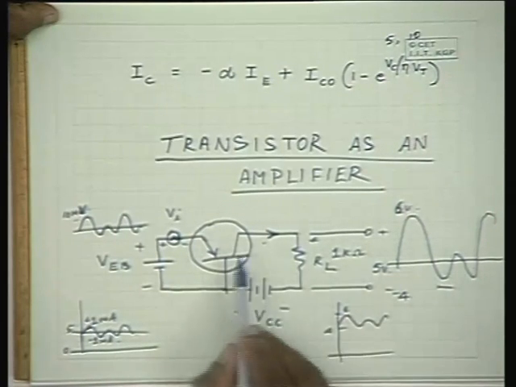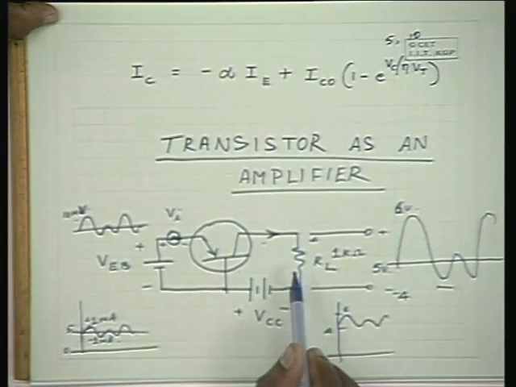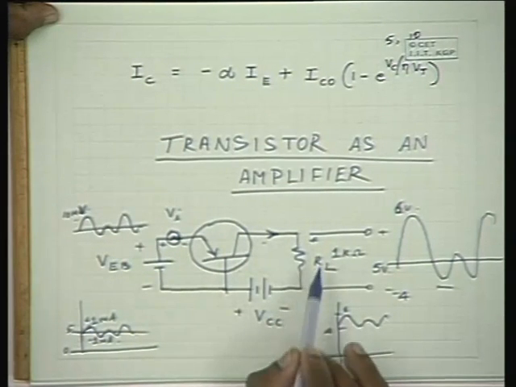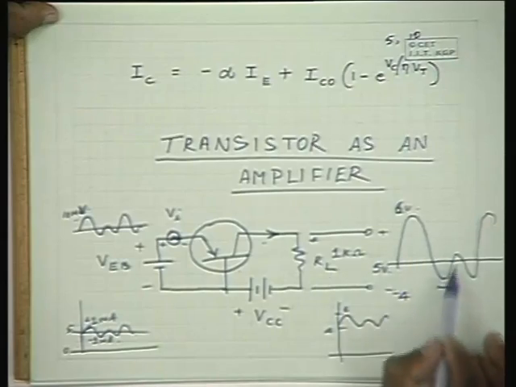For this reason, we can afford to use a large resistance here. See that this current drops across this resistance and gives you an amplified signal. So this is what is helping you in amplification.